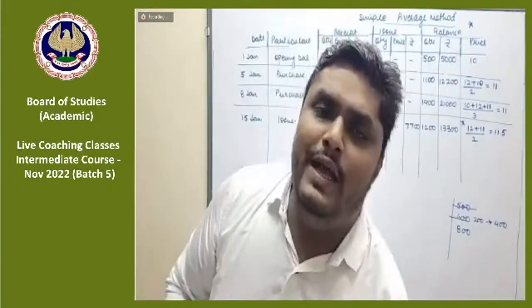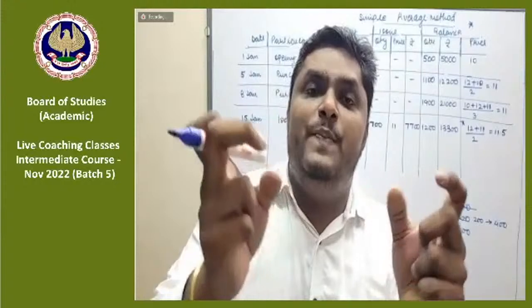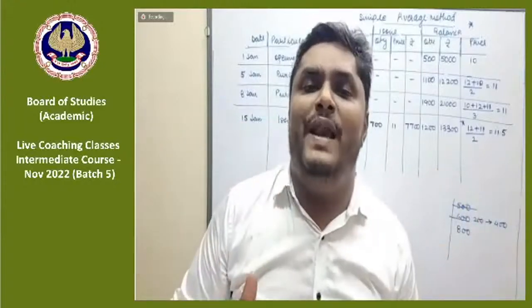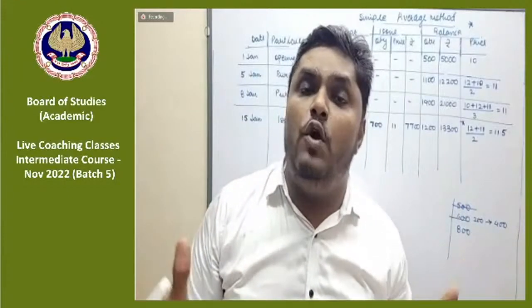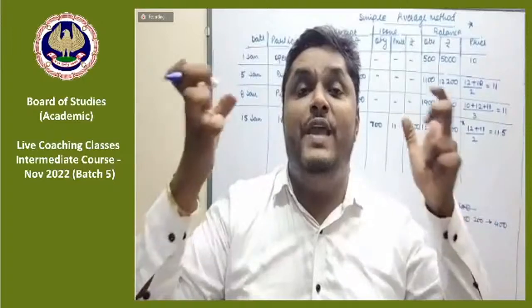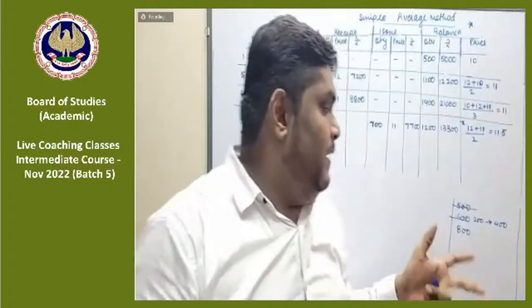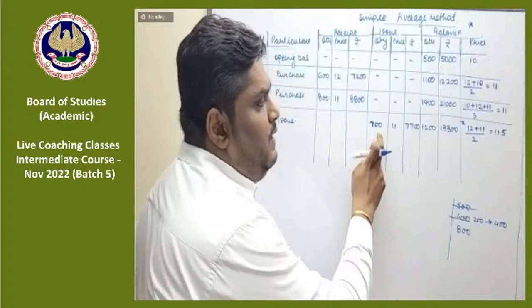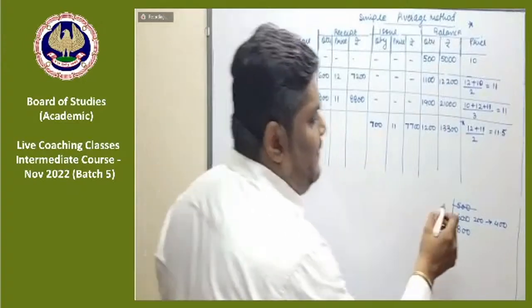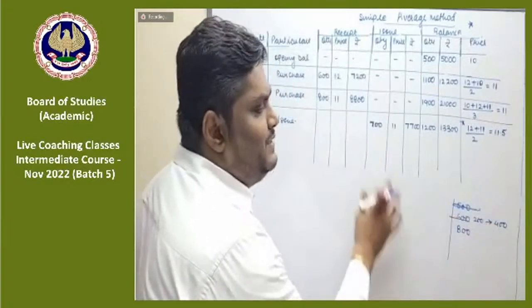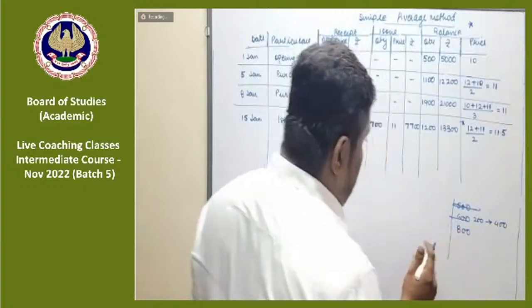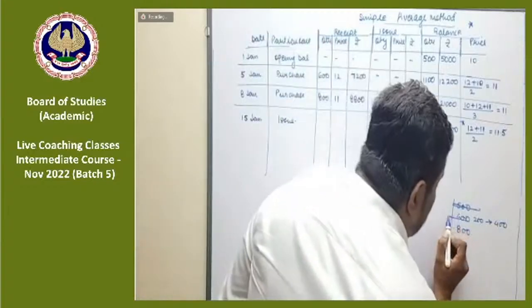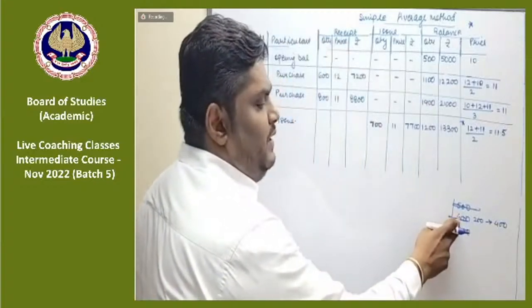Very important, guys. The Fifo method works parallelly with the simple average method, wherein when calculating the price, we have to keep Fifo in mind. That is, there is a requirement of 700 units of raw material. So these 700 units will first be issued from 500 units and then the balance 200 units will be issued from 600 units.